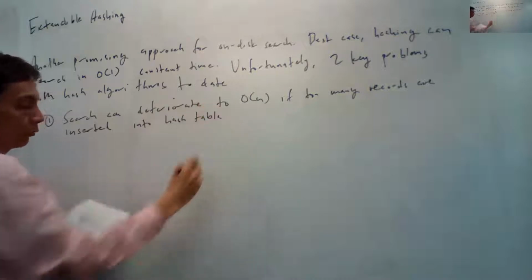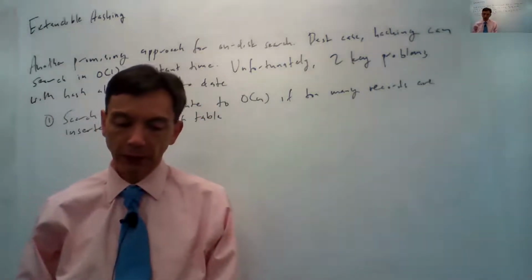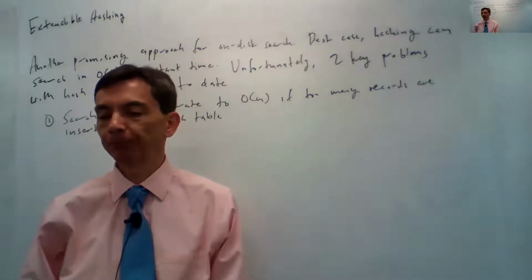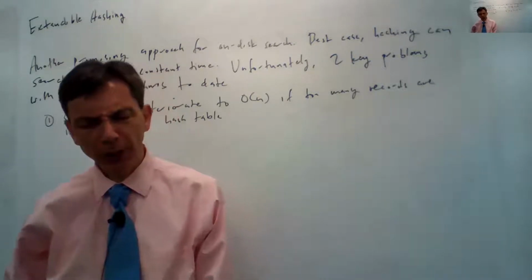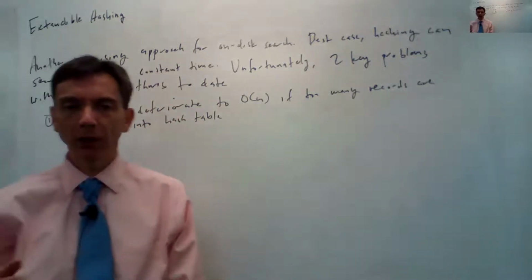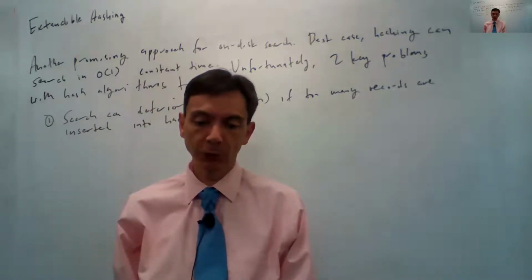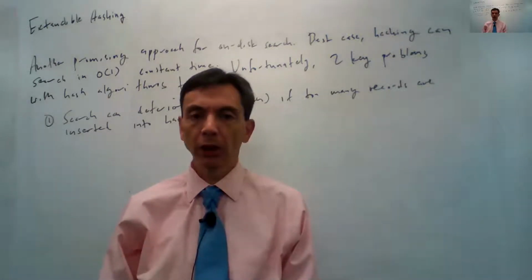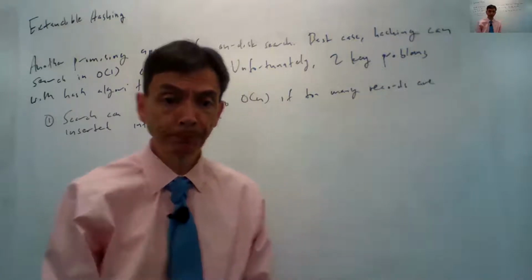So if I have a hash table with 100 buckets, 100 entries, and I insert 1 million keys in there, my expectation is about 10,000 keys per bucket. Even in the best case of a uniformly distributed hash function, searching 10,000 keys, you're at order n. You're just doing a linear search of that 10,000 key bucket, and so you're not actually running in constant time anymore.